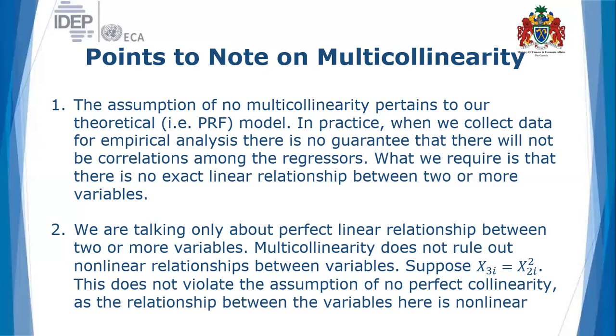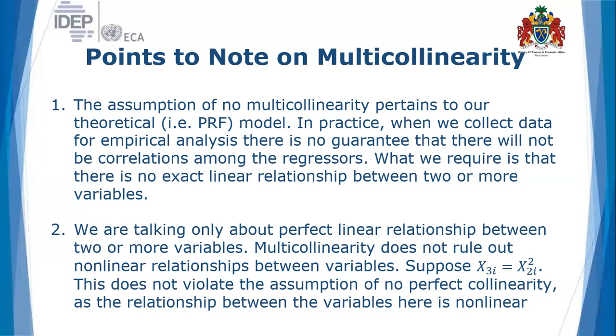Number two, we are talking only about a perfect linear relationship between two or more variables. Multicollinearity does not rule out nonlinear relationships between the variables. So multicollinearity is only concerned with linear relationships.